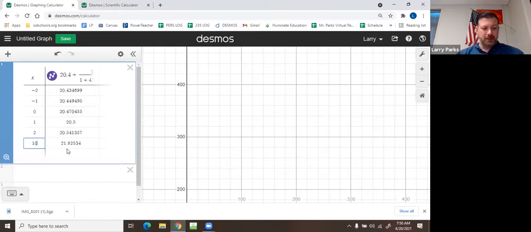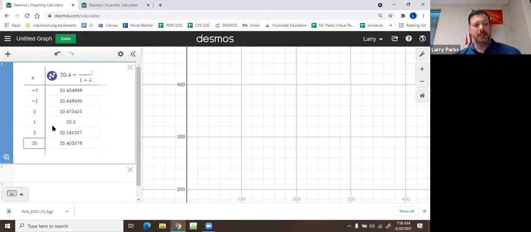That's 21.82. And then we go to 20, and that's 23.40. Okay, so that would be the age of women on average, or I should say the median age.